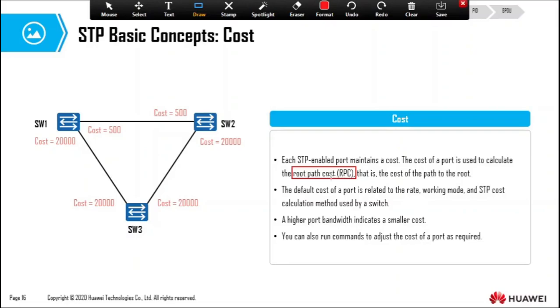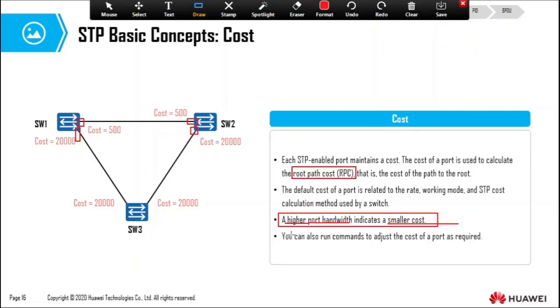We are going to look at RPC shortly, but just know that every interface is associated with a certain cost. Most of the time, this cost is closely related to the port bandwidth. So normally, if you have a higher port bandwidth, your cost is going to be smaller.